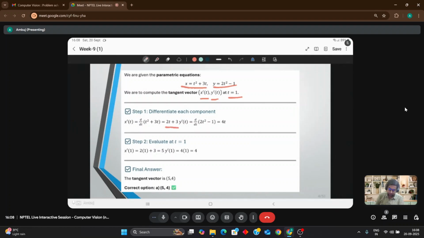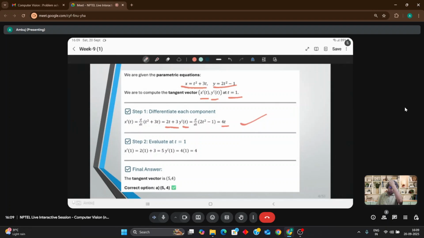Y dash t: 2 will be taken outside, then the differential of t square is 2t. So 2 into 2t is 4t. That is step number 1 done. Now try to evaluate at t equal to 1.